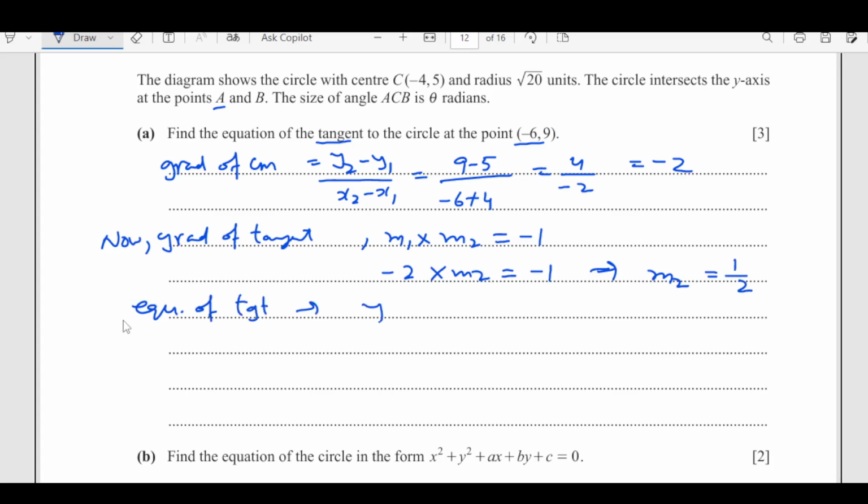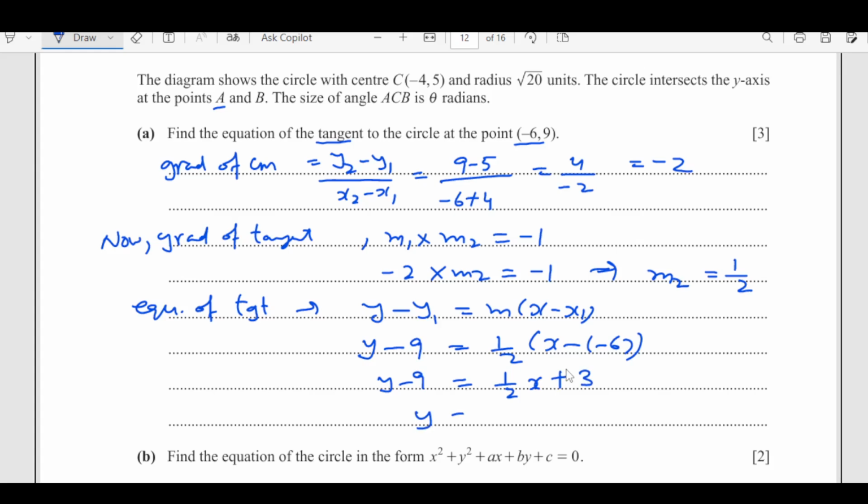So now the equation of the tangent is going to be y minus y1 equals m into x minus x1, right? Y minus y1 is y minus 9 at the point, and m is half, and x minus x1, this is minus 6. So y minus 9 equals half x, this is plus 6, times half, so plus 6 times half is going to be 3.